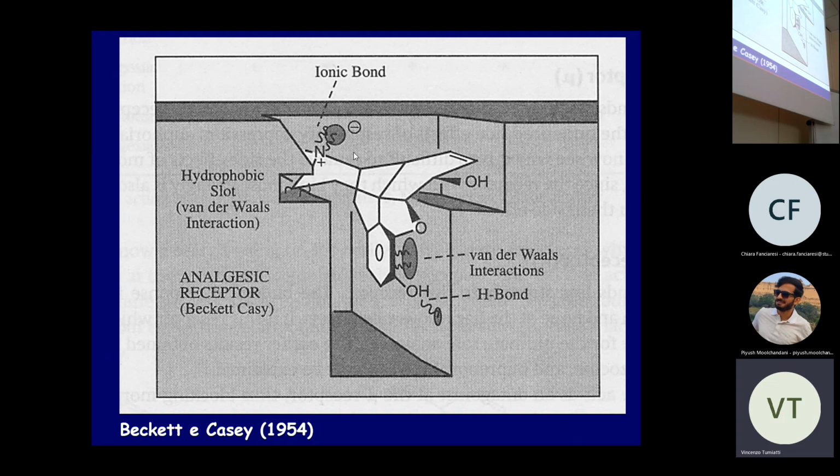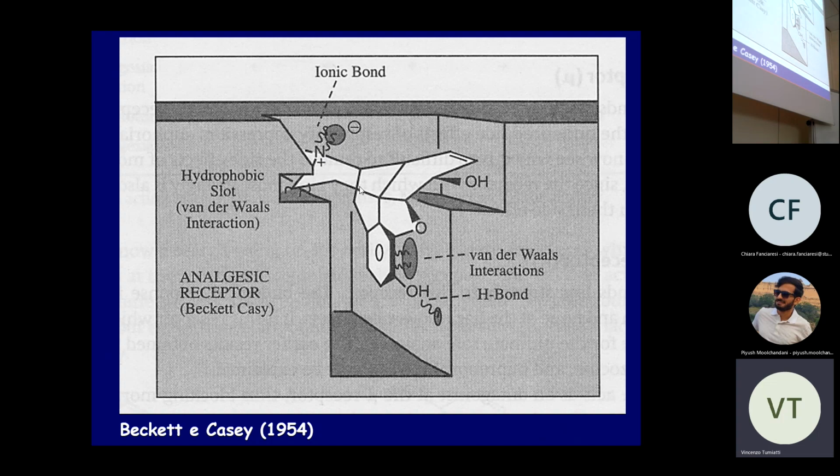You see morphine in the middle, aromatic phenolic ring, so pi-pi interaction, van der Waals interaction with the flat region, an additional OH bond with another group on the receptor, the basic ionic bond with an anionic site.